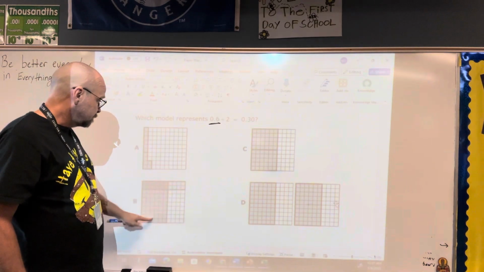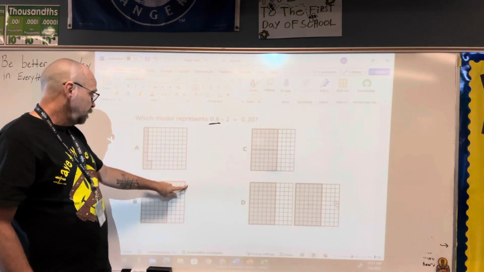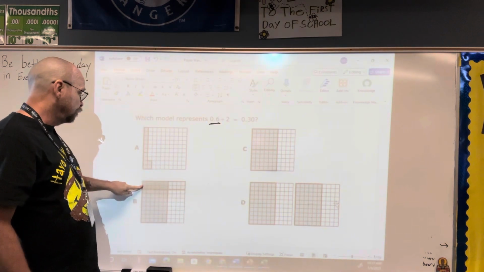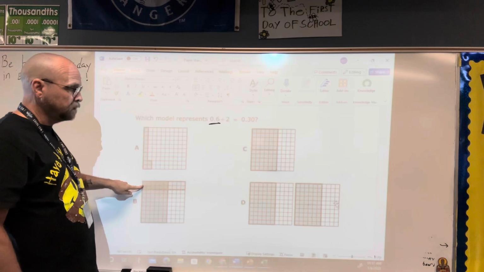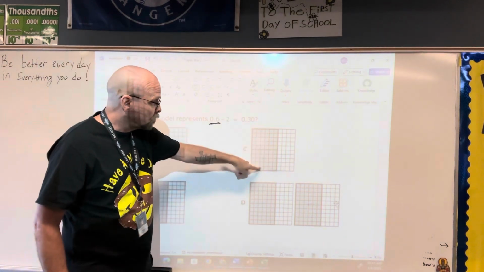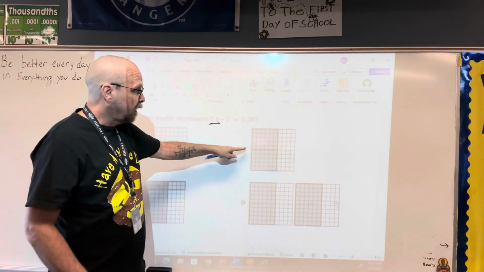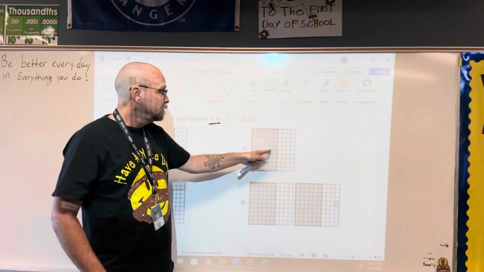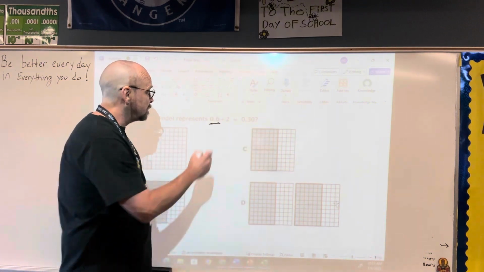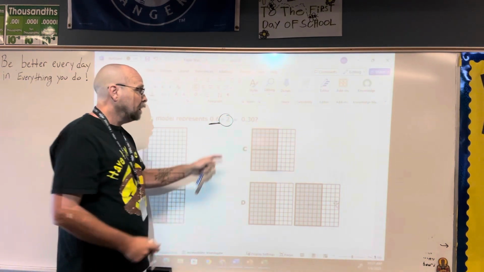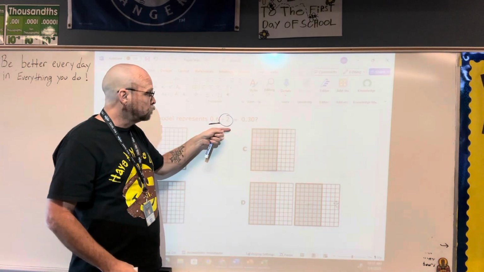This one is 6/10 divided by, or multiplied by, 2 hundredths, or by 2 tenths. This one starts with 6/10 and divides it into 2 equal groups, because that's what we're doing. We're dividing into that many equal groups.